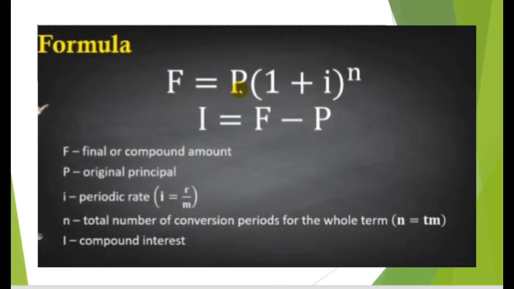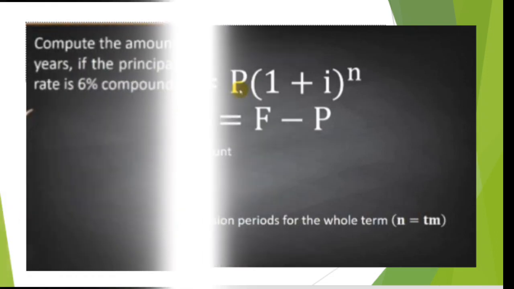In the formula, it is easier to get the final amount first because it's just equal to P, the principal, times 1 plus I, the periodic rate, raised to N, the total number of conversion periods for the whole term. If you want to get the interest, you just need to subtract the principal from the final amount. Remember that I is equal to R over M and N is equal to T times M.